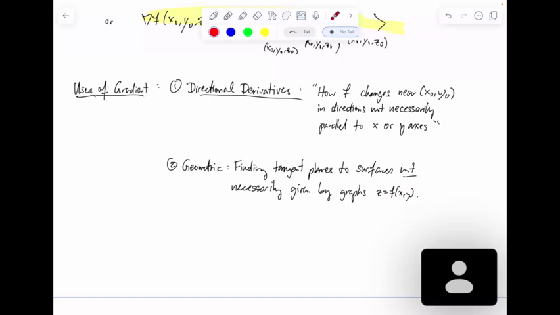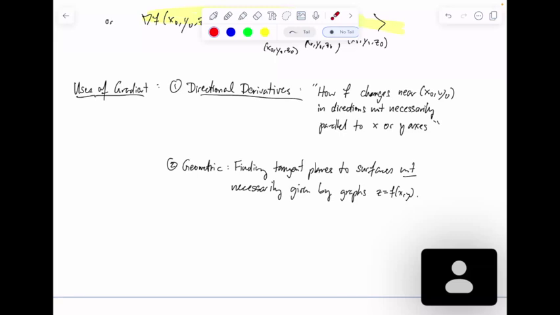The graph of that plane gives you the tangent plane to a point on this graph. Now, the issue is, well, not really an issue, but this is not very general, because there are surfaces that are not necessarily given by graphs.